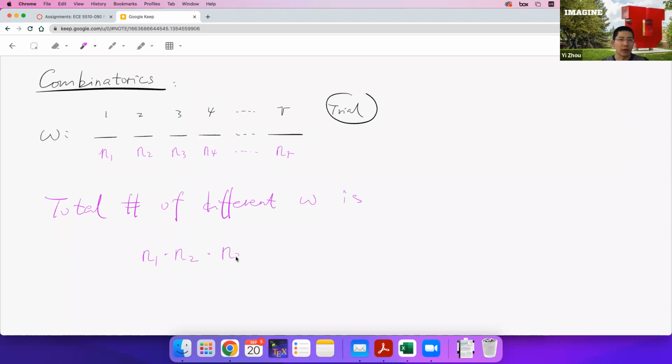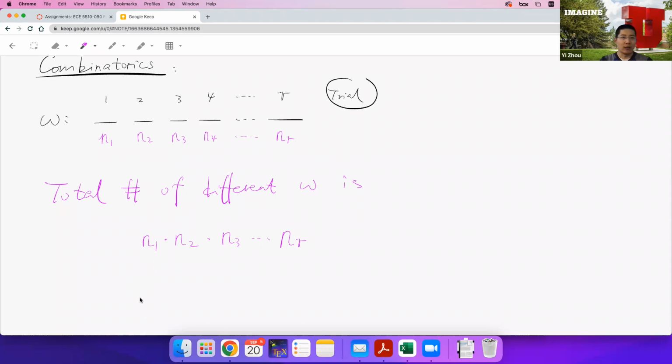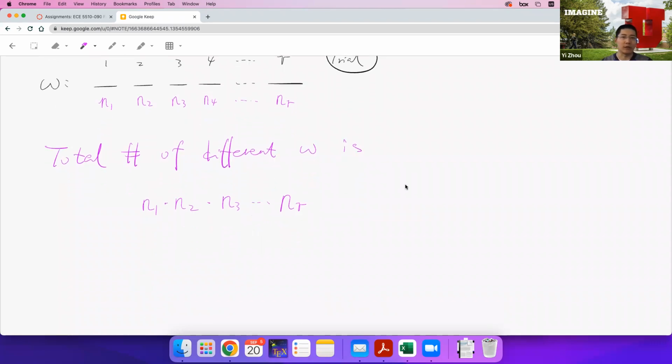And we keep doing that. So this is the total number of possible outcomes for this repeated experiment. So this is the multiplicative rule.